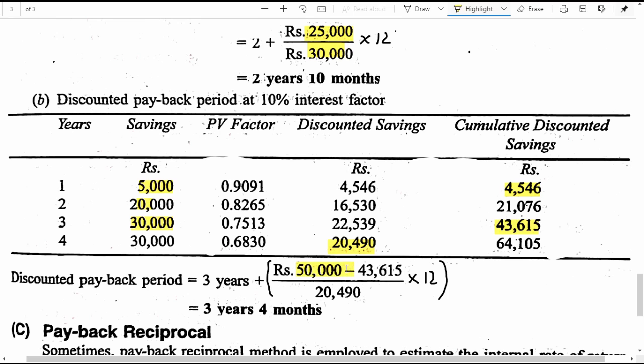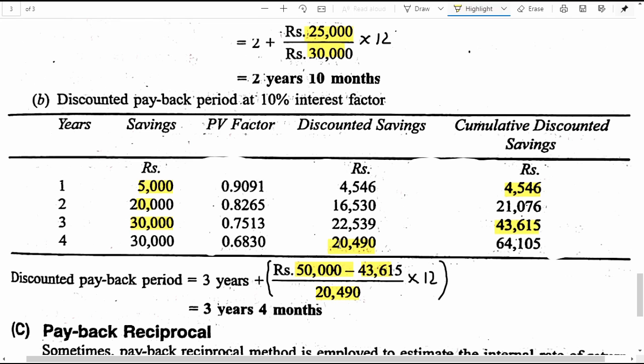The total investment is 50,000. The amount recovered till the end of the third year comes to 43,615. The difference between the two is 6,385 rupees divided by 20,490. What is this? This is the cash inflow of the fourth year, which we depend upon to recover the balance of our investment.